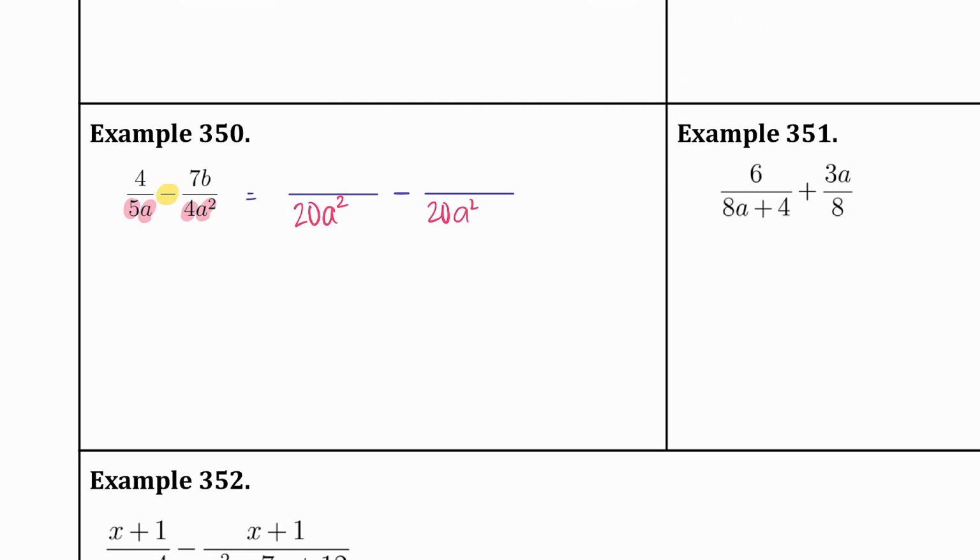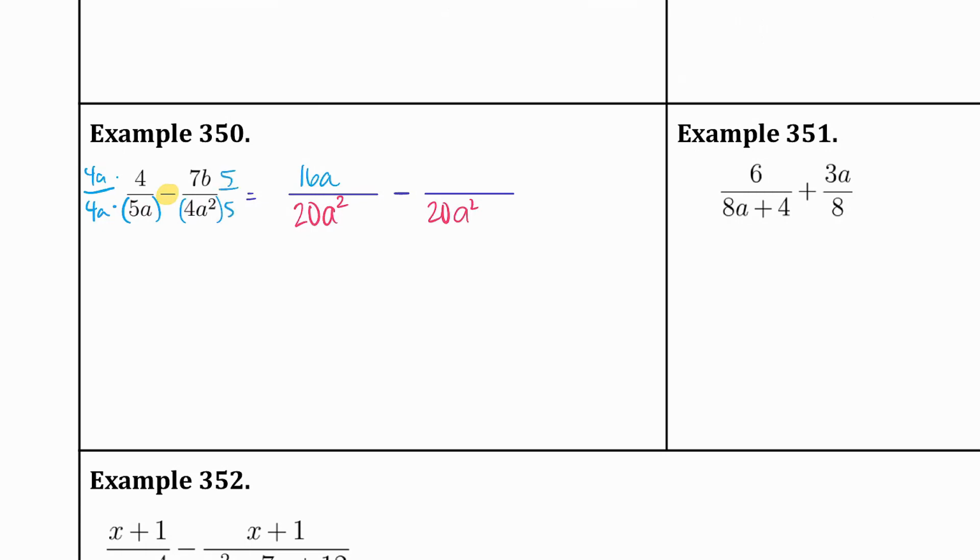So we're thinking, how did we change our denominators to get from what they originally are to 20a squared? Well, for this first one, we're going to multiply it by 4a. Do the same thing on top. 4a times 4 is 16a. Let's see this one. All we have to do is multiply that by 5.